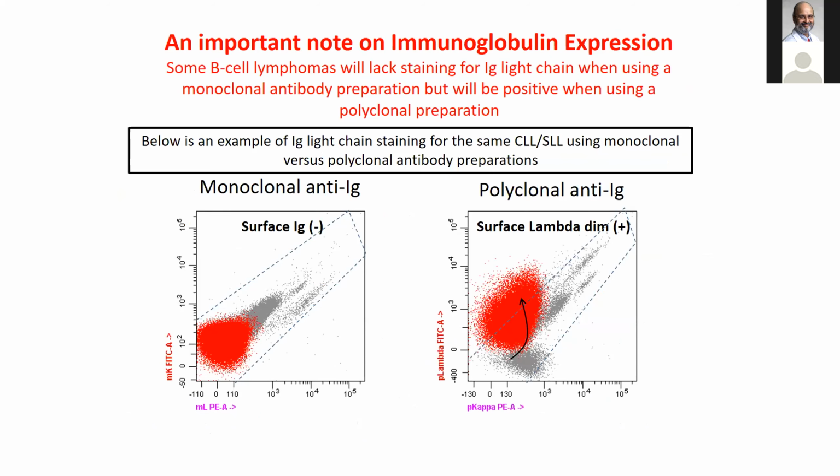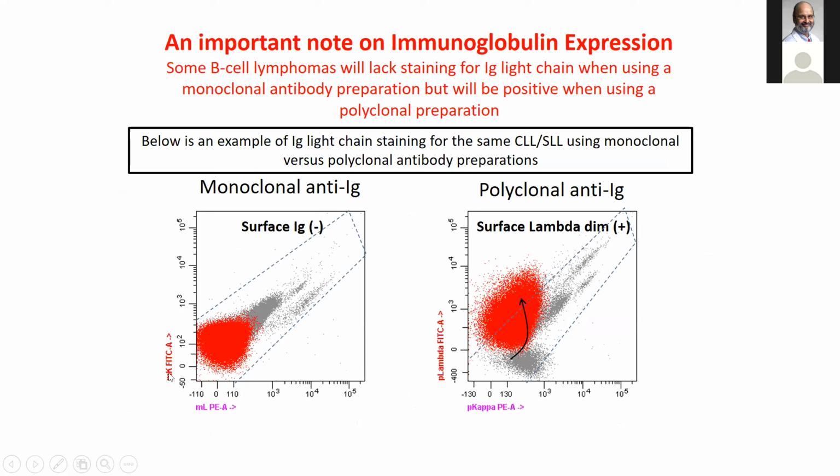One important note to take into consideration when we're looking at immunoglobulin expression by flow cytometry is that if a B-cell population lacks expression of immunoglobulin light chain, you can change the actual preparation of your antibody.